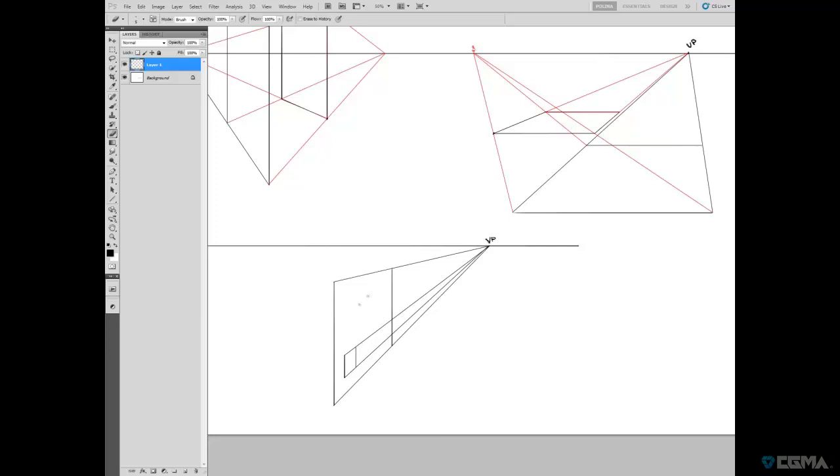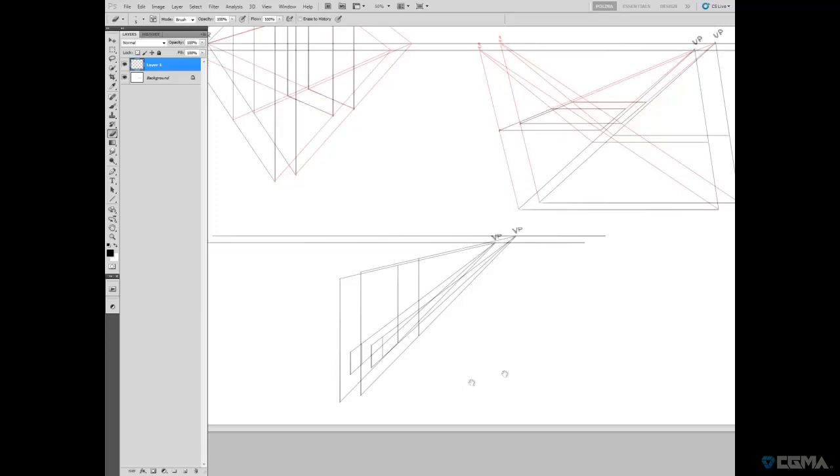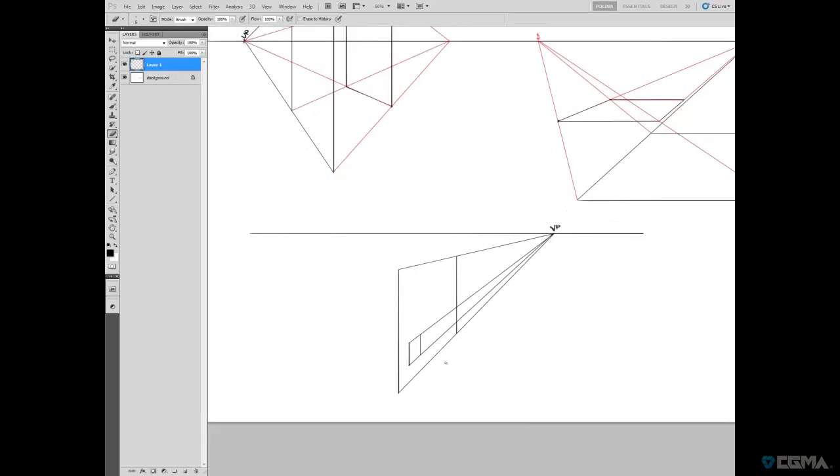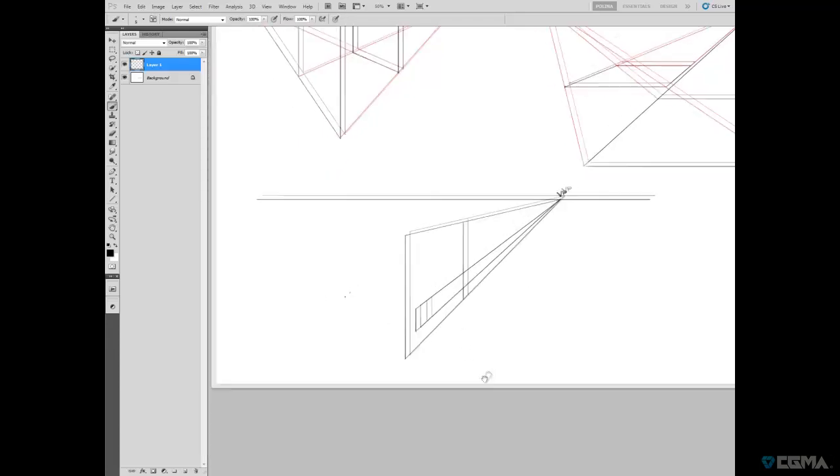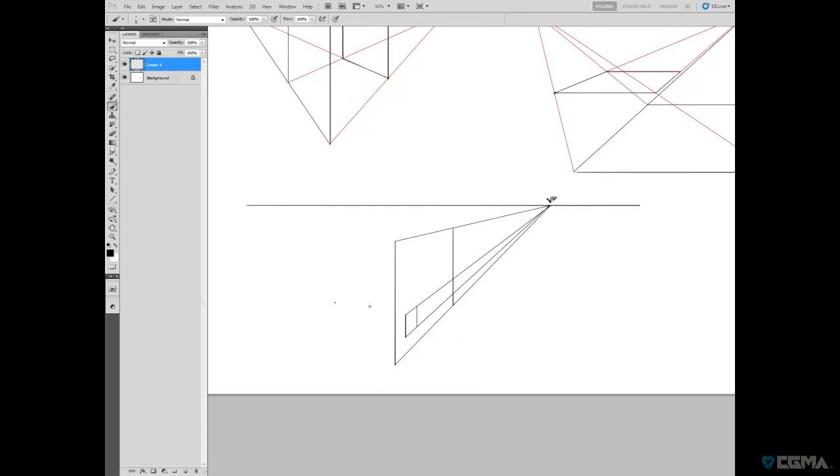So let's say this surface has a hole in it, a square-shaped hole, and we wanted to move this whole surface over here. How do we do that? Well, reference point.